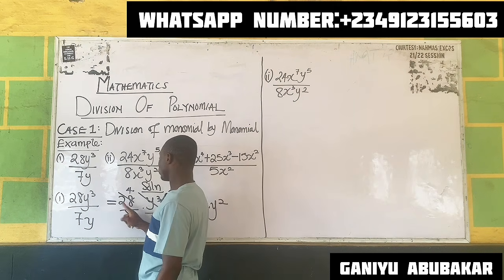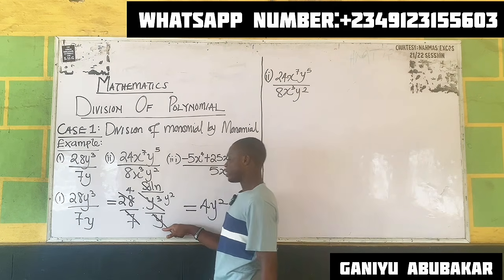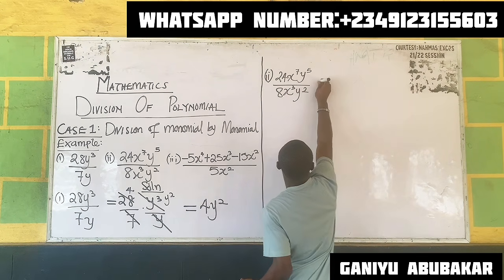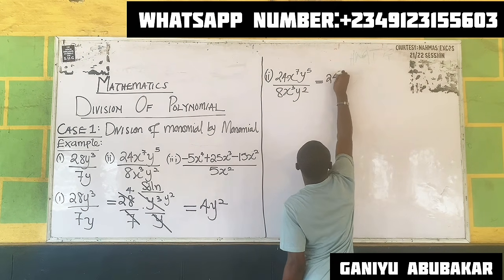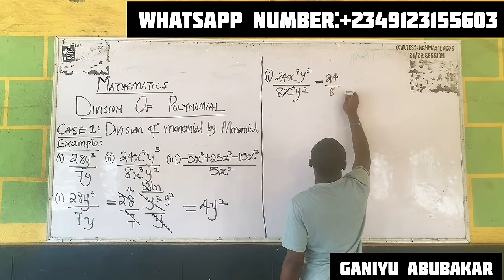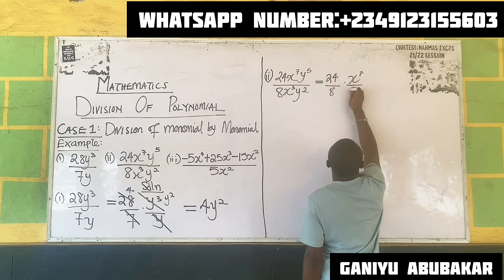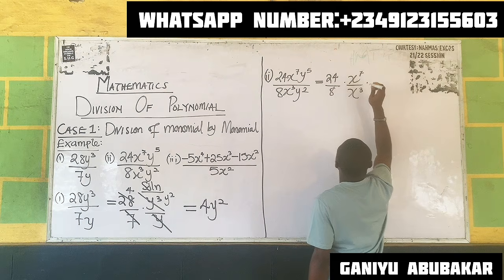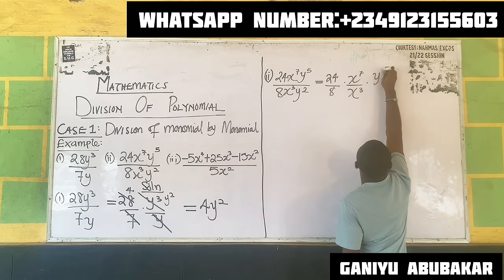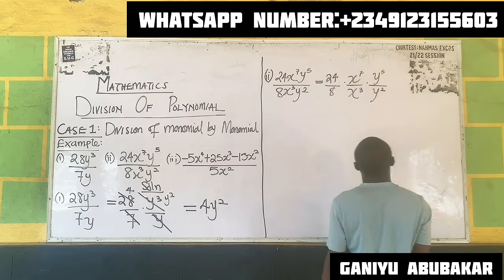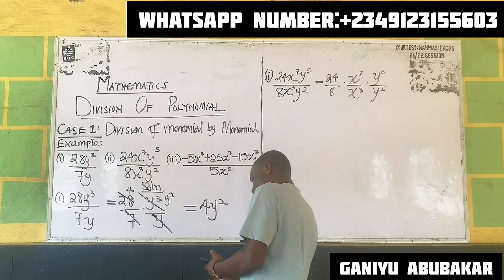Separate number with number, letter with letter, and like letters with each other. In this case, separating, I will have the numbers 24 over 8 separately, times x to the power of 7 over x to the power of 3, times y to the power of 5 over y to the power of 2.